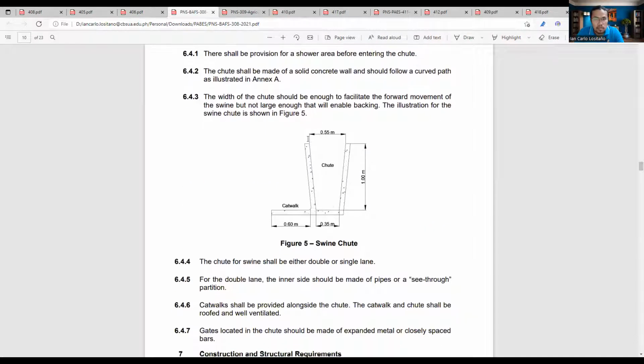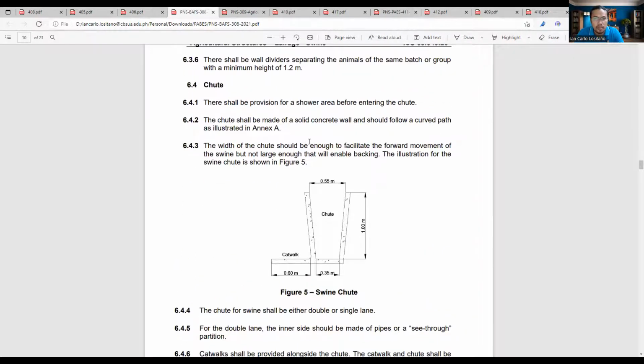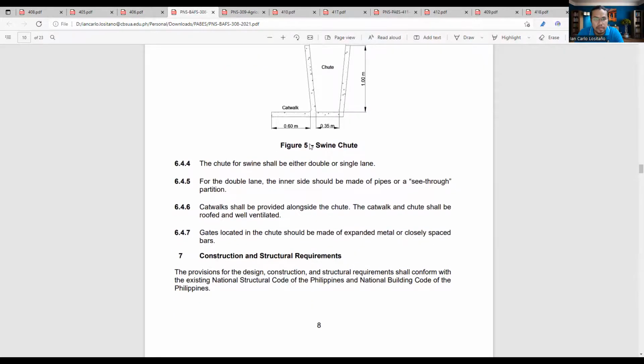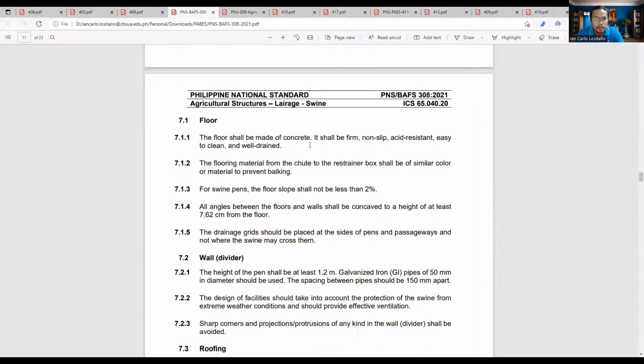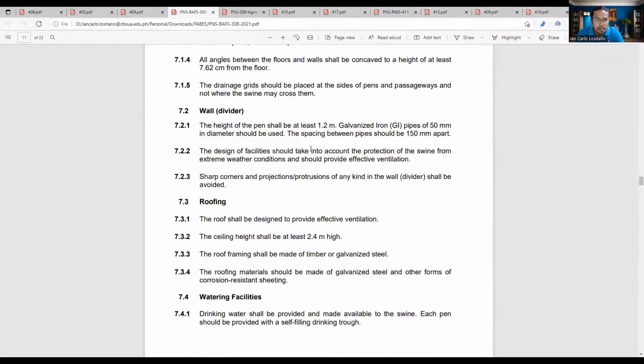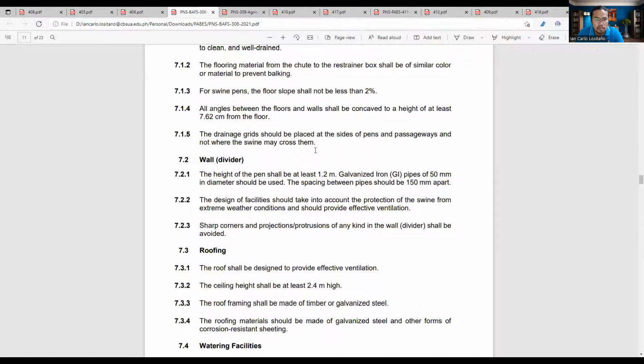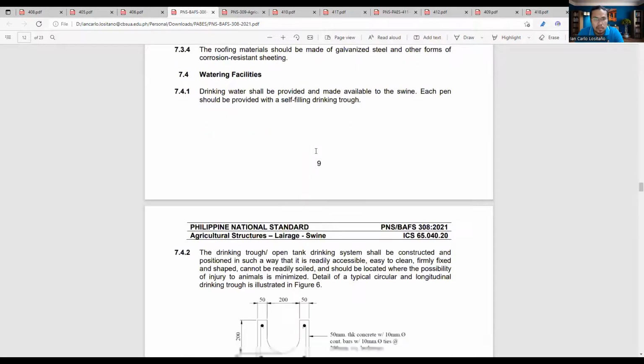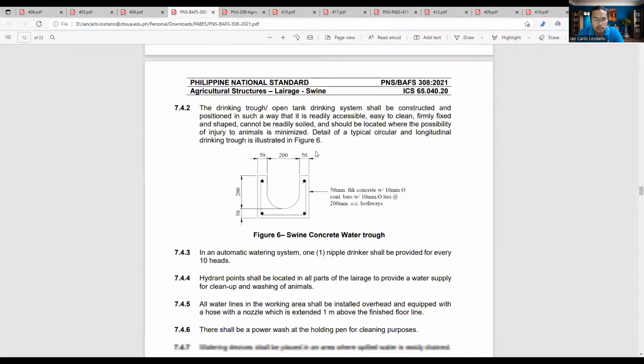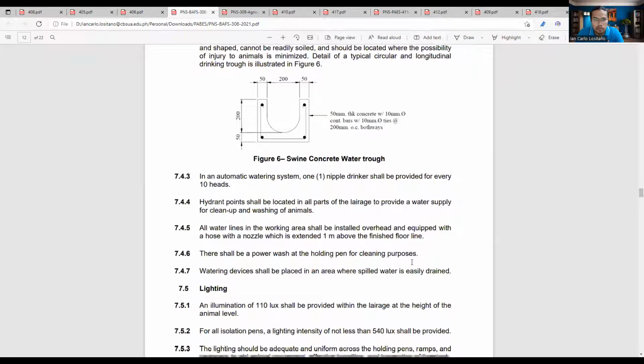And you have the chutes. This is to facilitate the movement of the animals. Besides that, the specifications for the flooring, the walls, the roofing, and the water facilities are also provided. Let's go through them one by one.